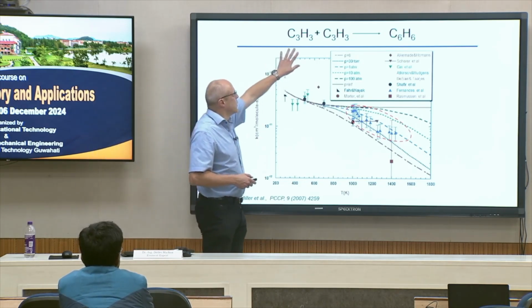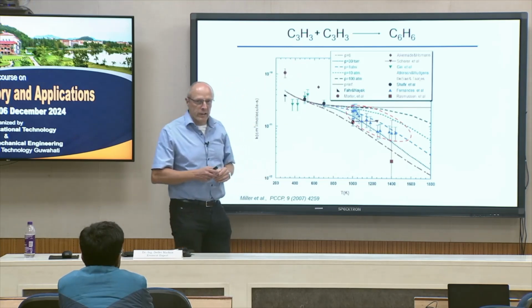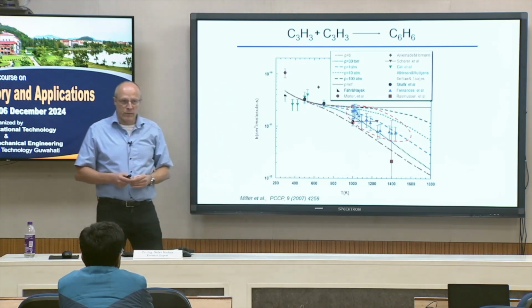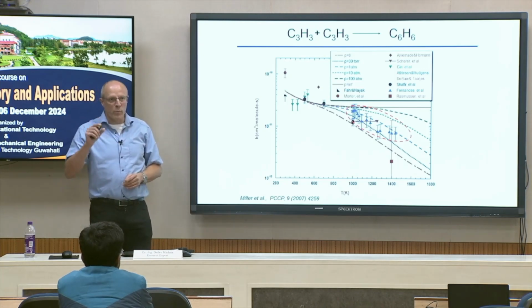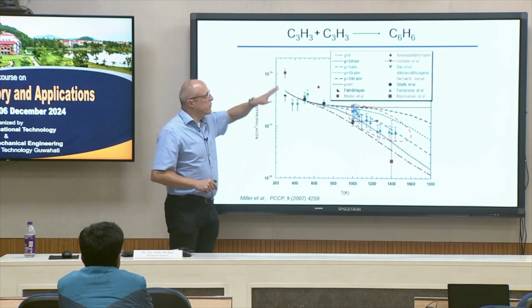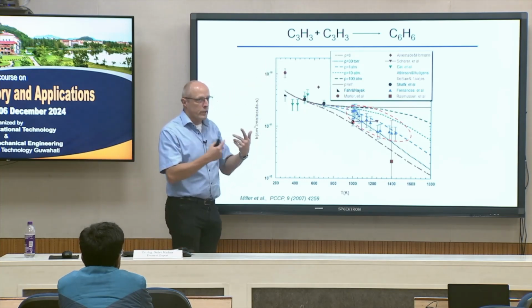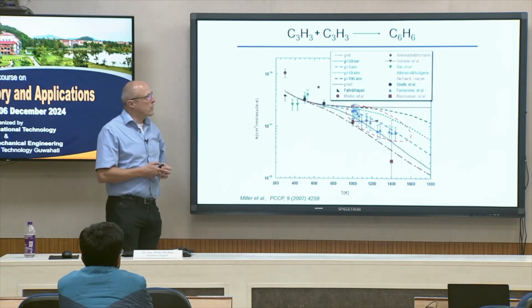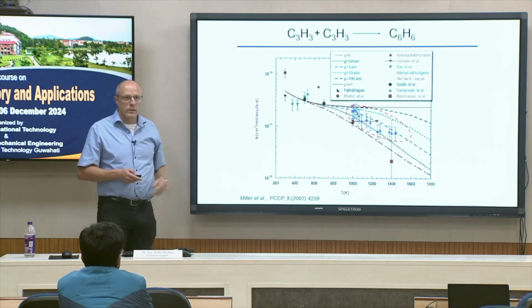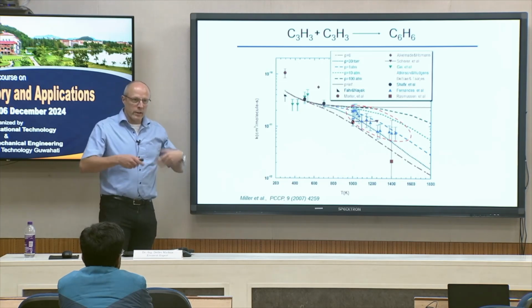So here in this example, propargyl radical, from C3H6 propane, we have different steps to come here. That's the first important part, and then the recombination, the addition of two propargyl radicals leading to benzene can be examined, and so on.